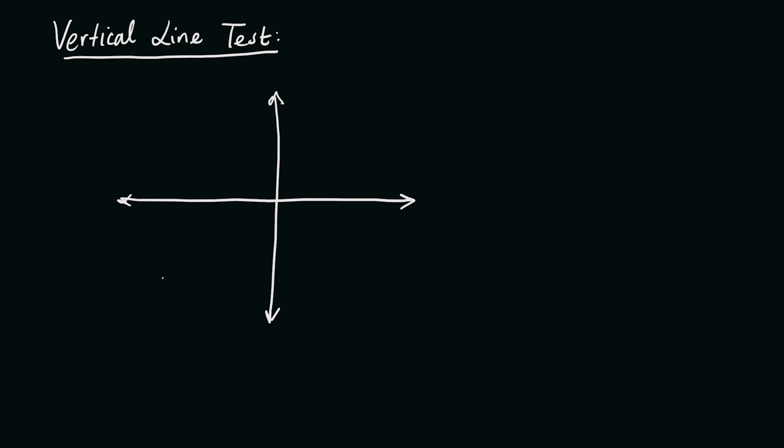Let's say this was our function. The way this works is that you're going to have lines parallel to the y-axis, hence why it's called the vertical line test. All the lines that you'll be putting down are going to be vertical. So we're going to draw some vertical lines here.